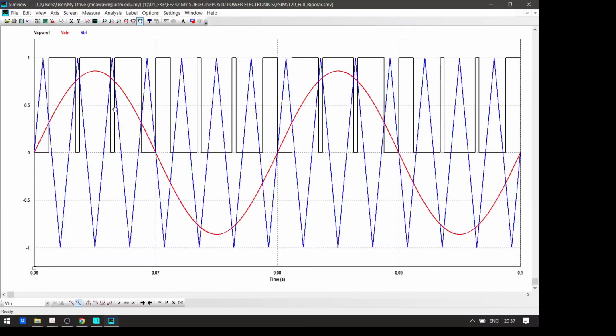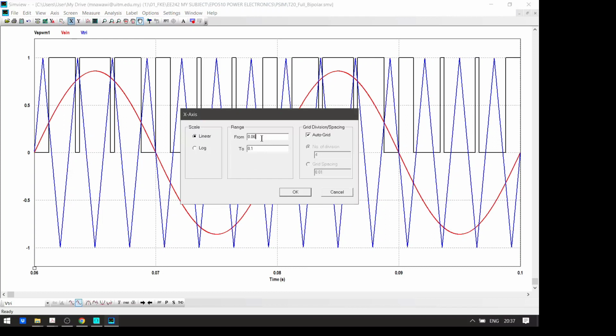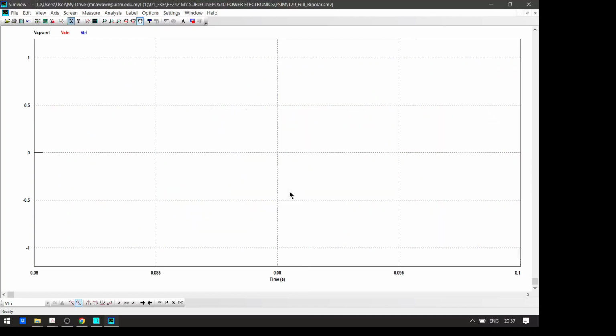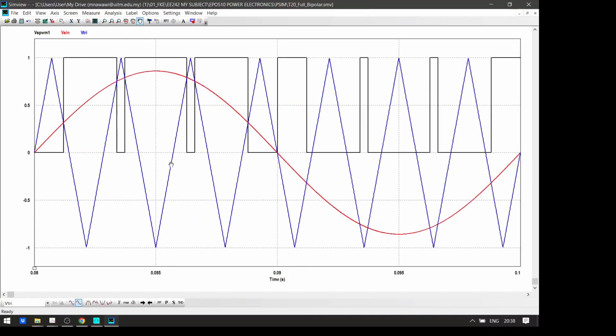So this is the modulating signal and the triangular carrier signal, and if I make it 1 cycle, then we already know this is 21 degrees, this is 61 degrees approximately, this is 66, and then this is pretty much the other angles there.